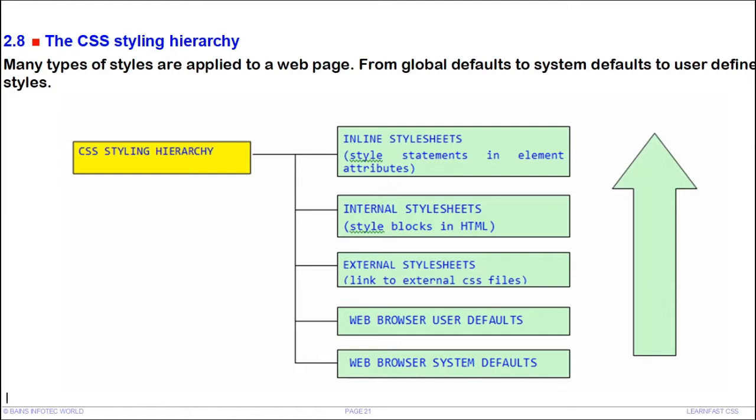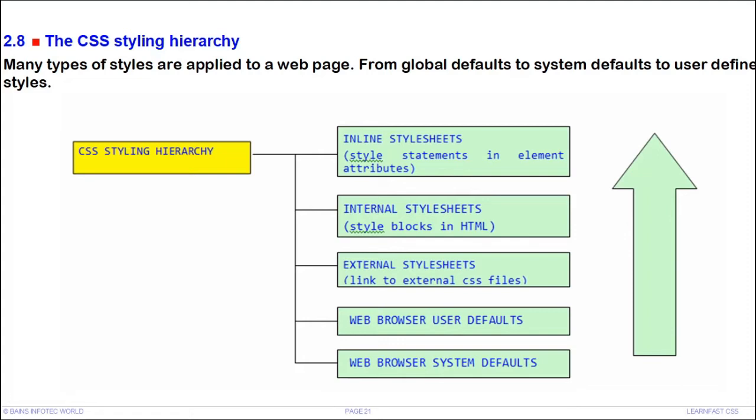Next section. The CSS styling hierarchy. Because many types of CSS styles are applied to a web page, for example, you have your external CSS file, then you may have an imported CSS file, and then you may have a block of CSS code in the style tag in the header and in the body, and then finally you may have CSS code at the element attribute level with the style tag.